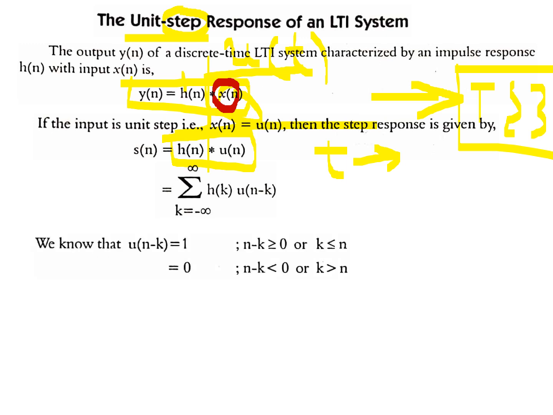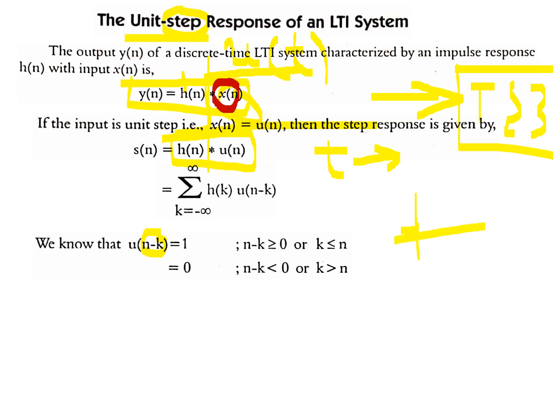Now, what is u of n minus k? U of n minus k is equal to 1 when my n minus k bracket is greater than or equal to 0, or k less than or equal to n. So this is the step signal, no?